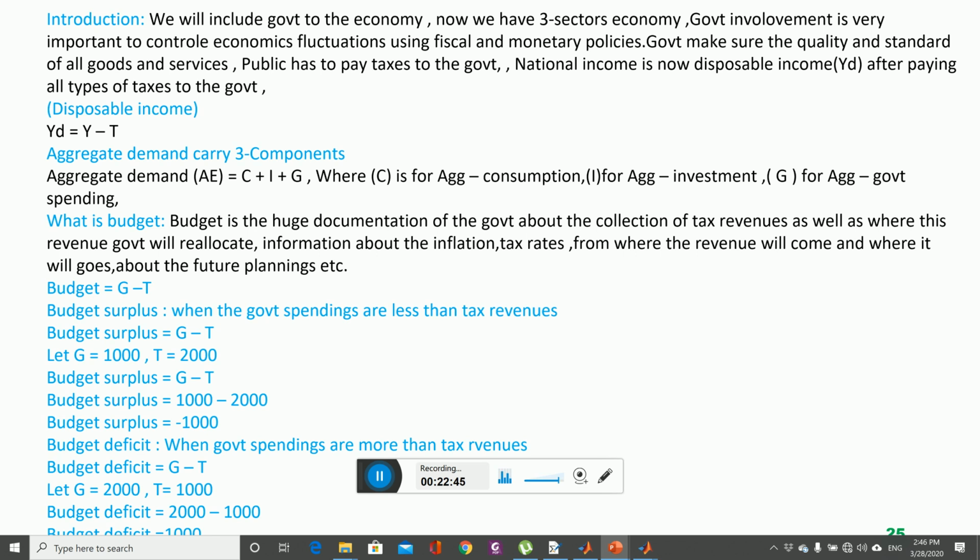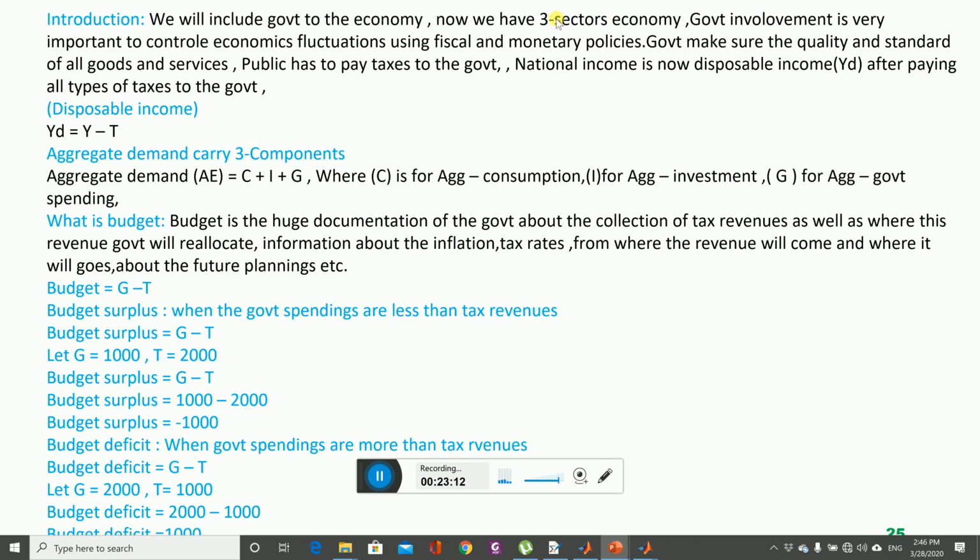Government is responsible for keeping the quality and standards of all goods and services. So government keeps a close check and balance on society, and its role is very important in taking care of all the issues of the society, of the people, of the state.